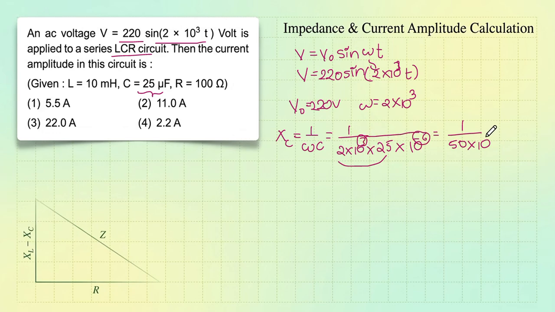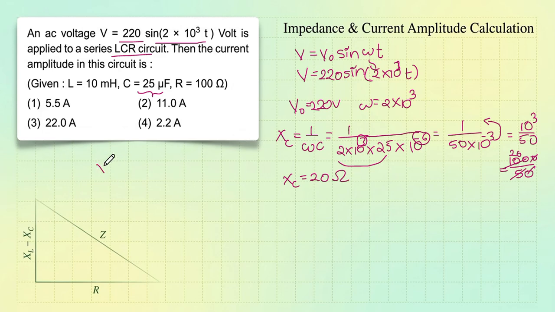So 3 minus 6, which is minus 3. If we take this 10 to the power minus 3 in the numerator, it will become 10 raised to 3 upon 50. Okay. So 10 raised to 3 means 1000. So 1000 upon 50, if we cancel out this, it is 20. So the value of XC is nothing but 20 ohm.